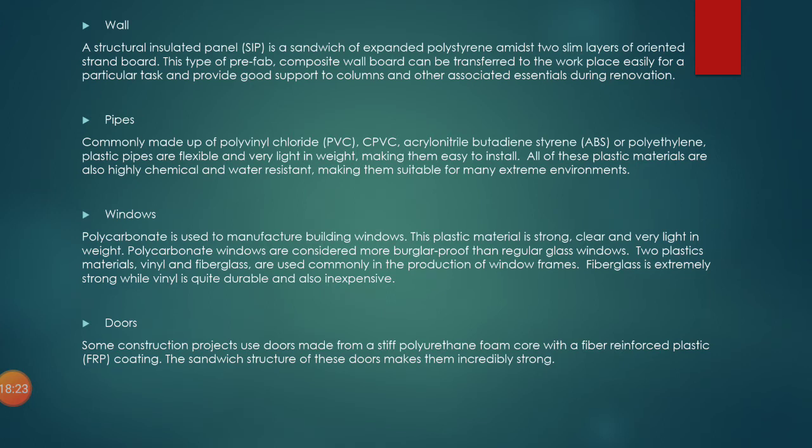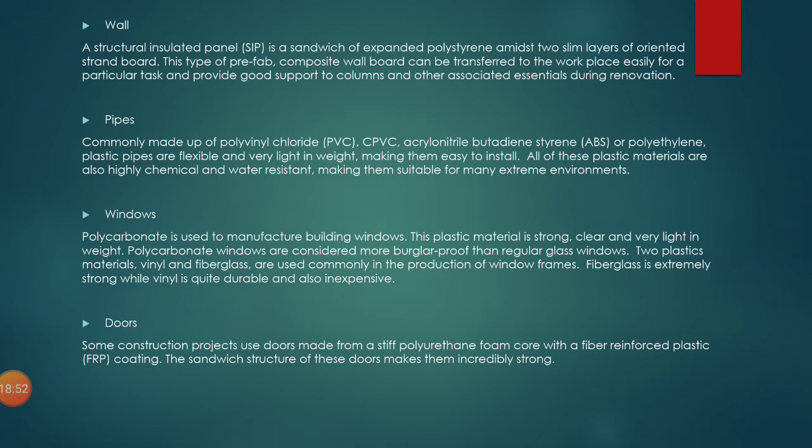So they are used for piping. As we saw earlier, a PVC pipe was placed inside a trench. By seeing that, we know that very high trust is placed in this type of material, polyvinyl chloride, for its durability and strength. So they are mainly used for piping.